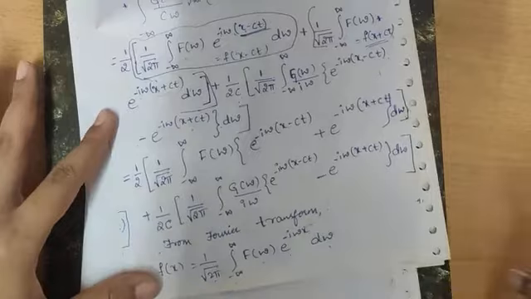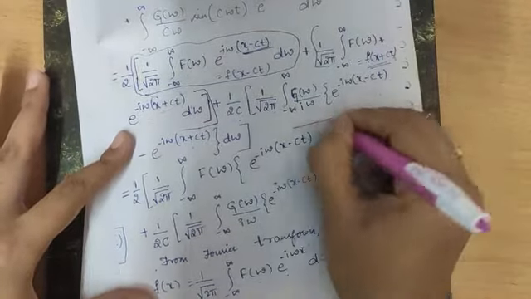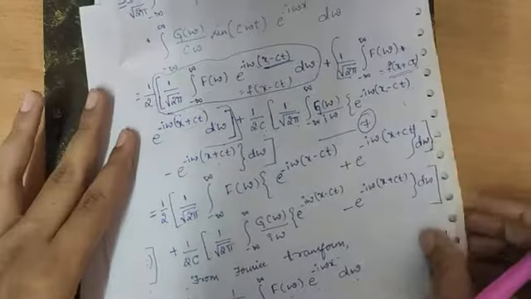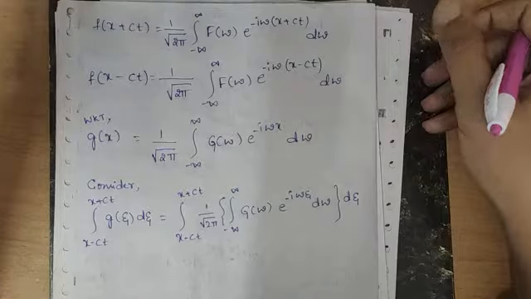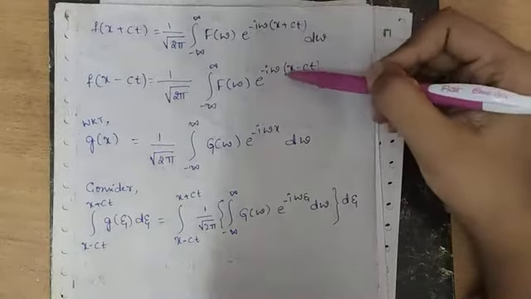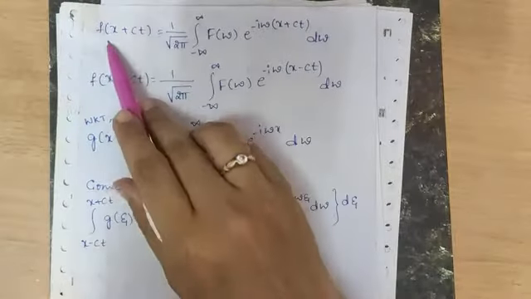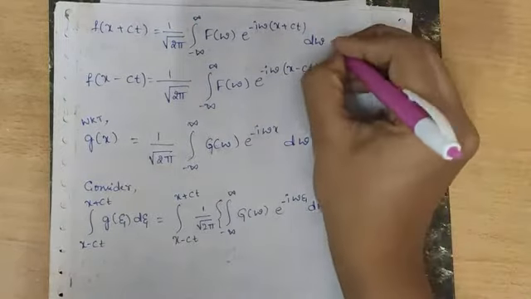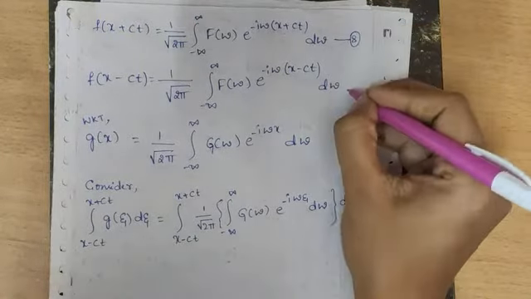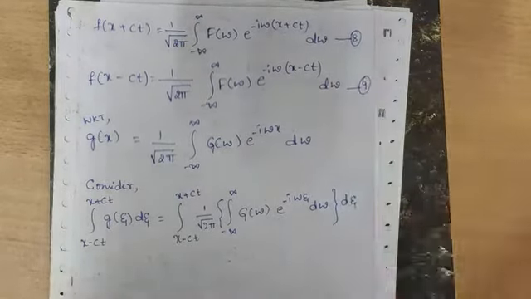So now I can write, I will call this as equation number 7. I can write equation 7 as, the first two parts of equation number 7 become f of x plus ct and f of x minus ct. I will call this as equation number 8 and this as equation number 9.